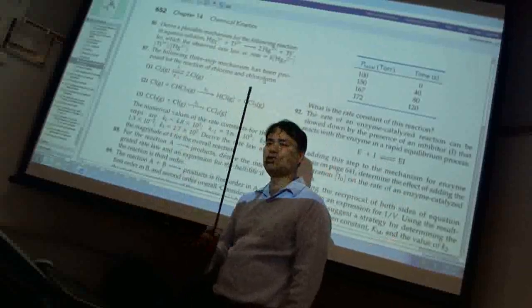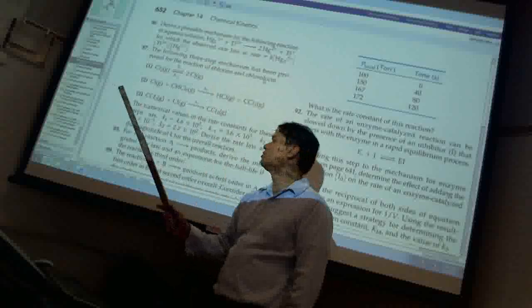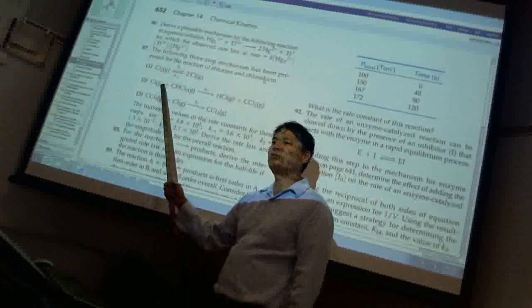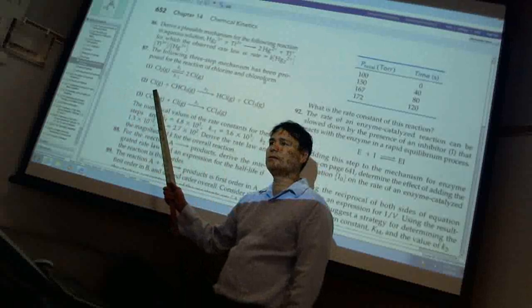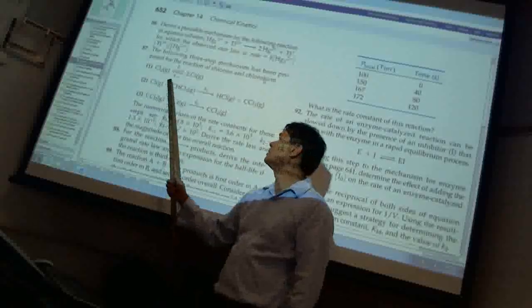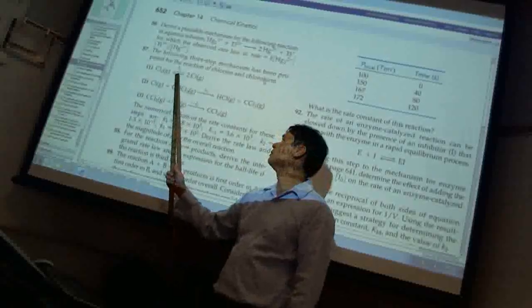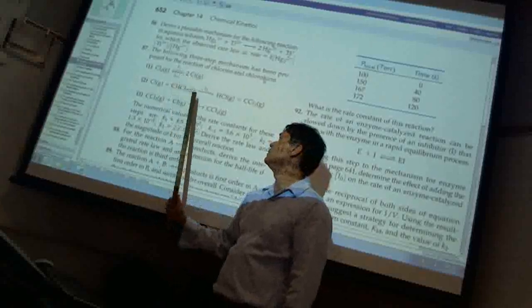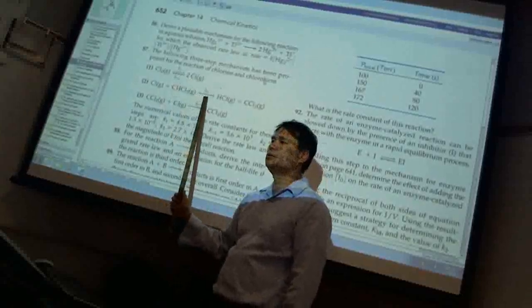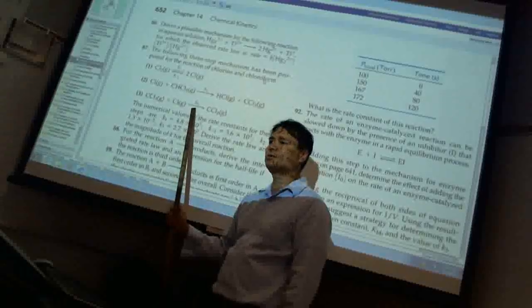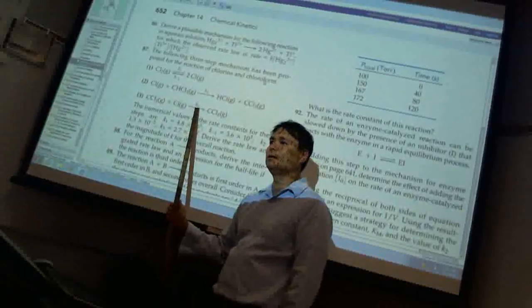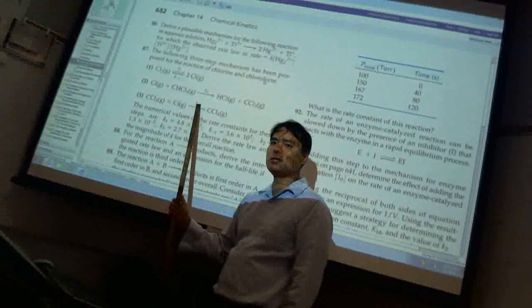We only consumed it in 2 ways, right? In this one, we have 3 ways that this is consumed. Do you see that? It's consumed by the reverse, that is K minus 1. It's consumed by K2, and it's consumed by K3, which screws everything up, right? Do you see how that would screw things up?